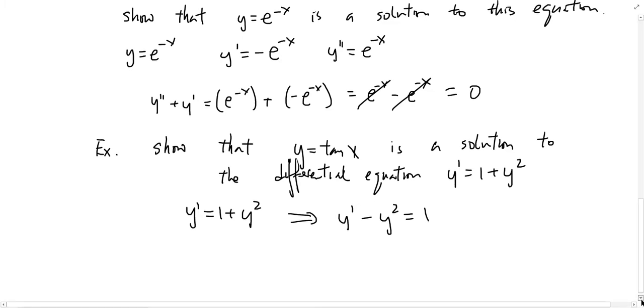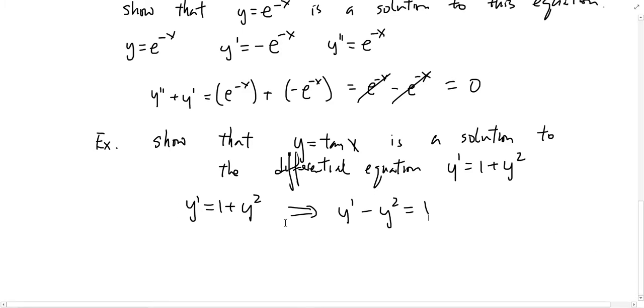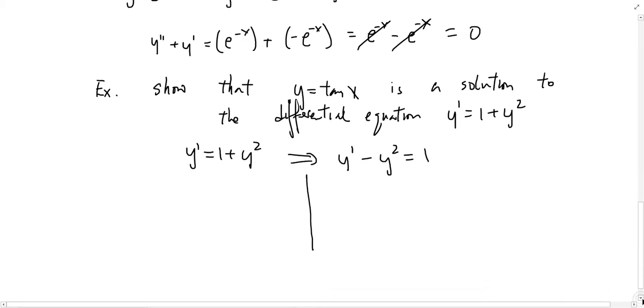But if I do it on this one, where y and y prime are on alternate sides, then I'm going to have to do it in a left side, right side way and make sure they're equal. So I'll show you both of them so that you can see the differences between them. Actually, before I do that, how about I find y prime first? So y is tangent x, therefore y prime must equal secant squared x.